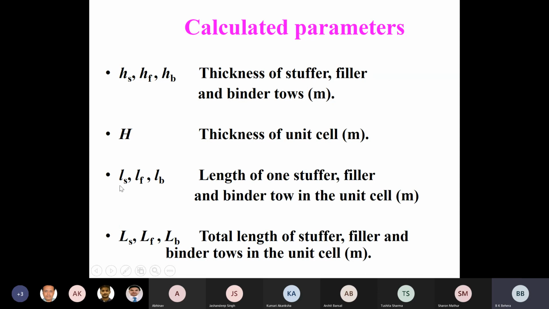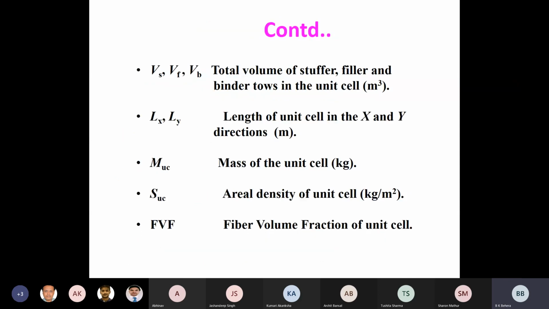L S, L F, L B is the length of stuffer, filler, binder in a unit cell. What is the length of each yarn? This is the length of each yarn in one layer, in one unit cell. So the total length will be this multiplied by the number of layers. Capital L is the total length.